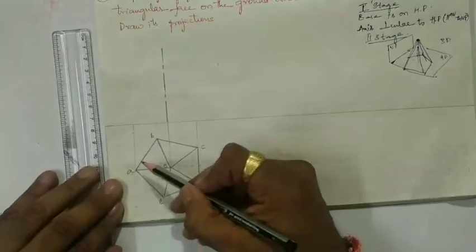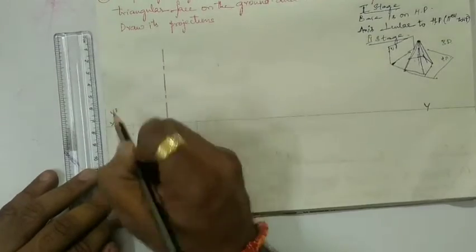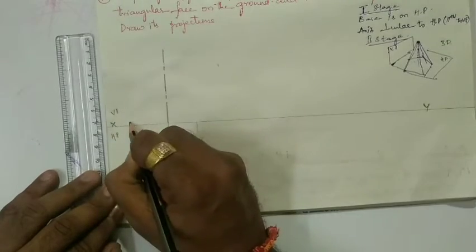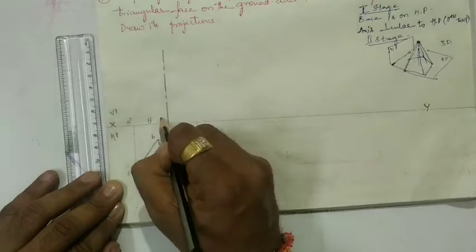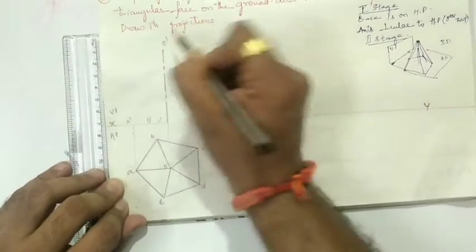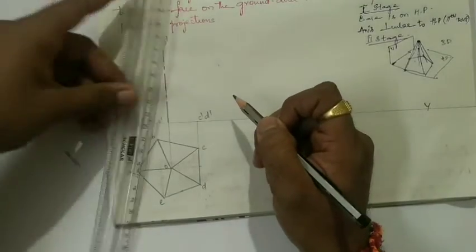This is the point A up to the XY line plane. This is my horizontal plane, and the point touching here is A dash, and here two points will exist, B dash, E dash, and this is O dash, and this is the point C dash, D dash. Now join all these points.